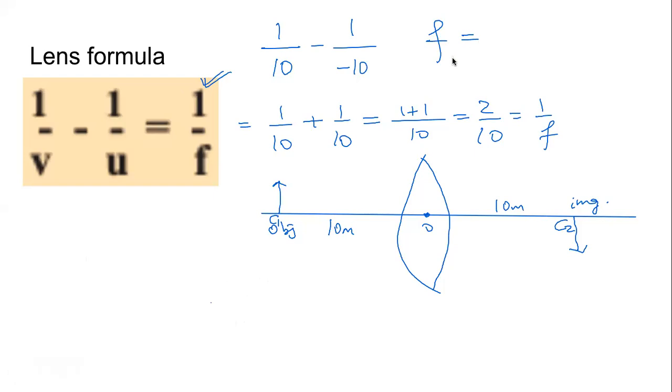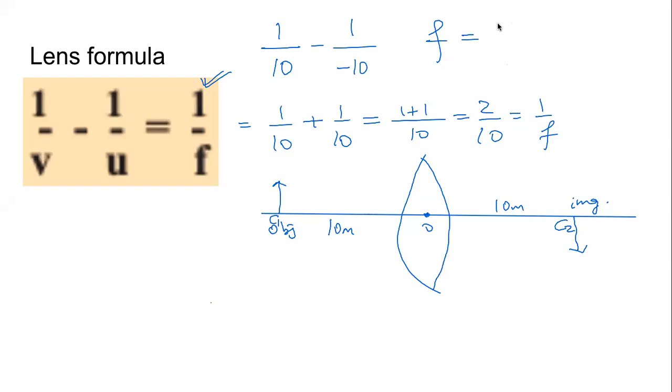No, I'm not asking you that question. If 2 by 10 is 1 by f, how much is f? Give me one step at a time. Nothing like cross multiply. We are taking reciprocal.